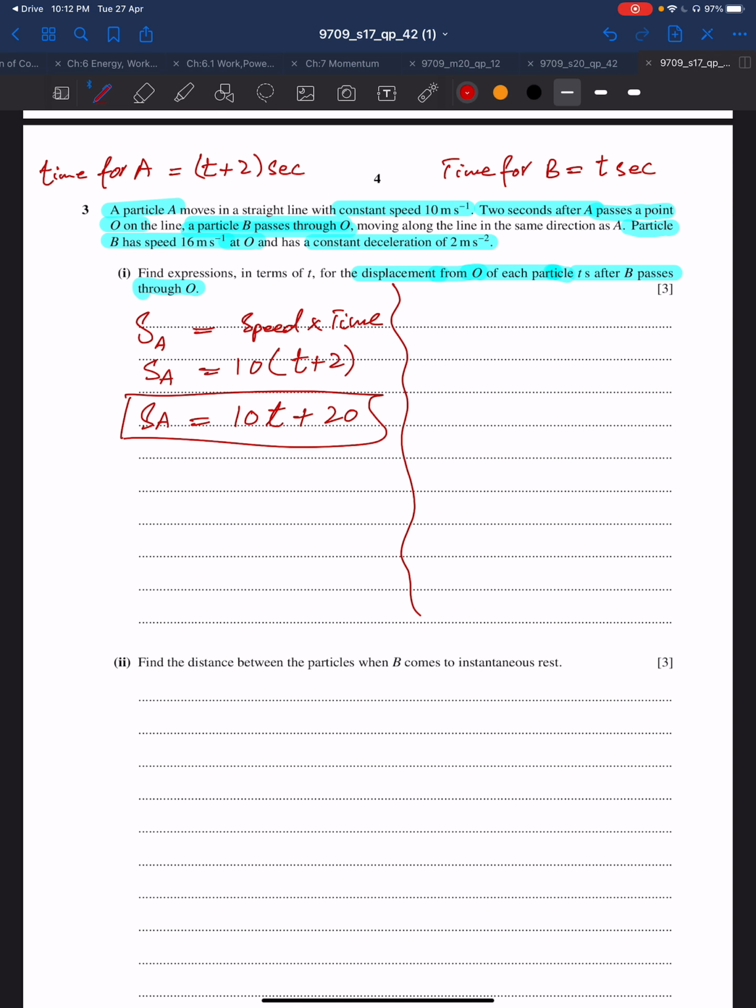Now what is the displacement of B, as this is decelerating and the initial velocity is involved.